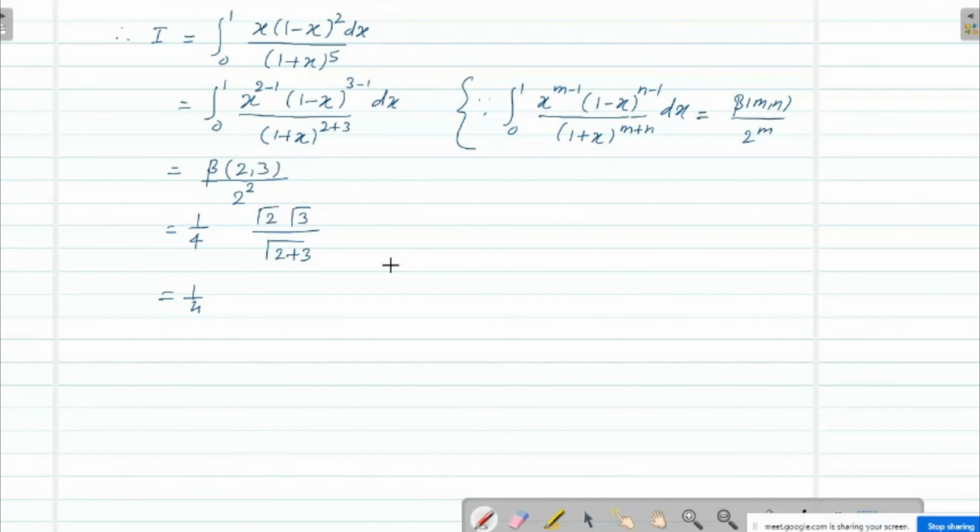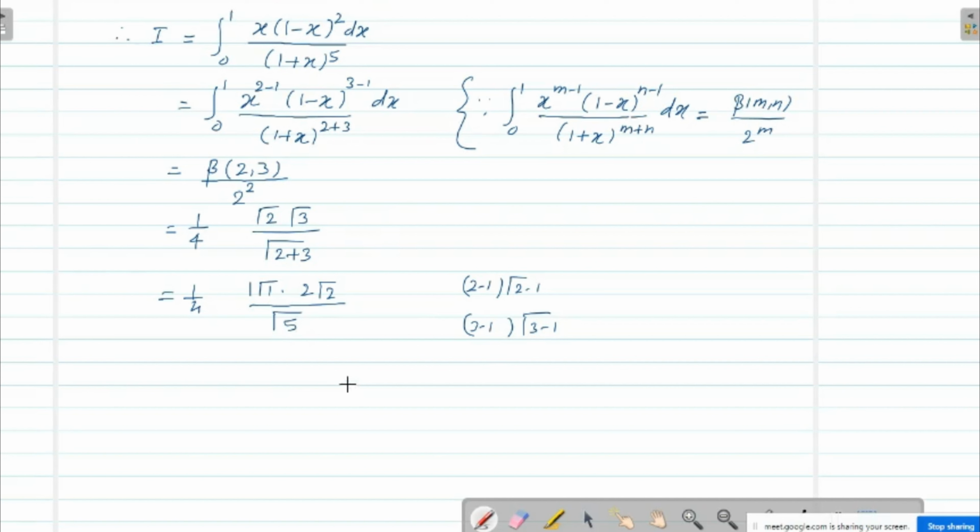Gamma of 2 can be written as gamma of (2 - 1), that is 1 times gamma of 1. And gamma of 3 is gamma of (3 - 1), so you will get 2 gamma of 2, divided by gamma of 5.